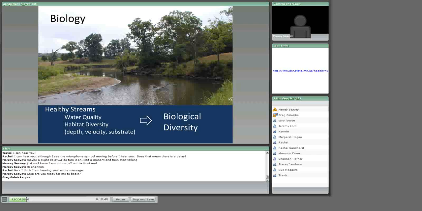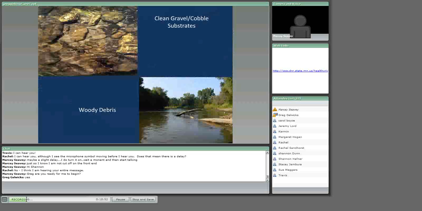Some important habitat features are clean gravel cobble substrates, which can be impacted by excessive sedimentation, which can bury these valuable habitats, and also woody debris, which healthy riparian corridors contribute to streams.